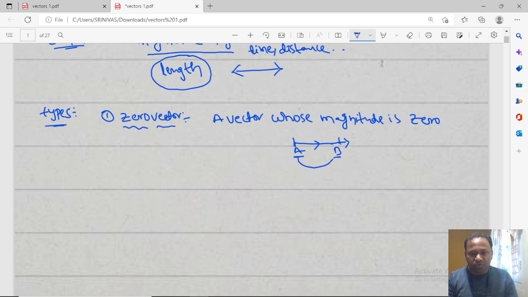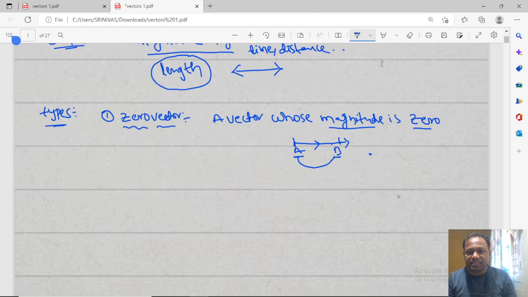If these two points coincide, or the magnitude of the vector is 0, here the initial point and terminal point both coincide.